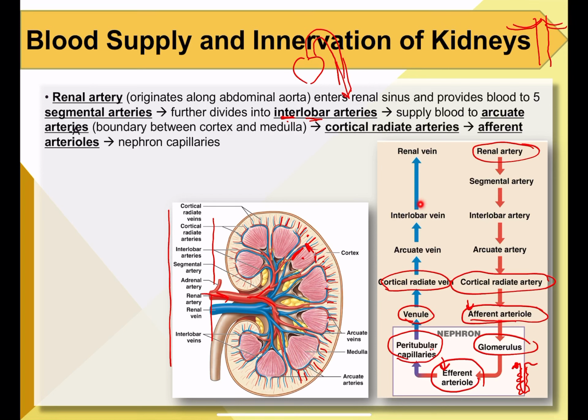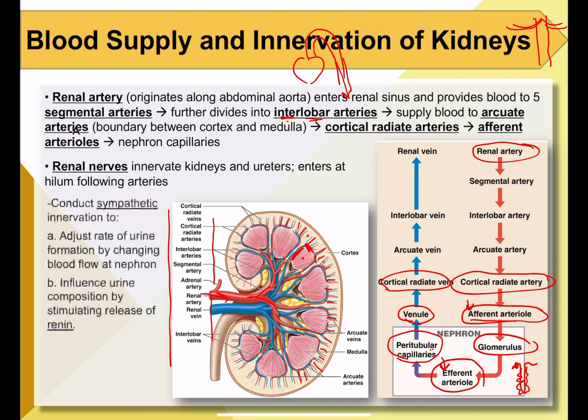Okay, so this will become very critical, because that's how we can reabsorb things we need back into our blood and filter out stuff we don't want out of our blood. All right. So there are renal nerves that also enter at the hilum to innervate your kidneys and ureters for sympathetic stimulation that will either adjust the rate of your urine formation by changing blood flow at the nephron or influence urine composition.